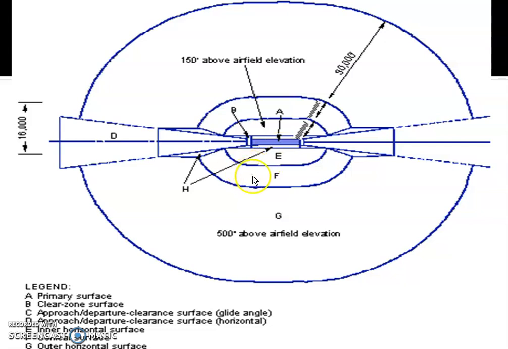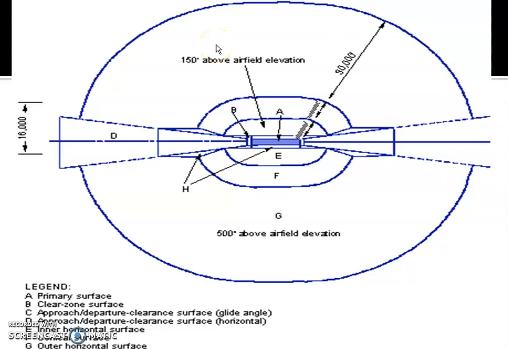And F is the conical surface. This middle region between the two ellipses is called the conical surface. This is another imaginary surface which should be free from any obstruction. And G is the outer, this larger space from this region to this region.